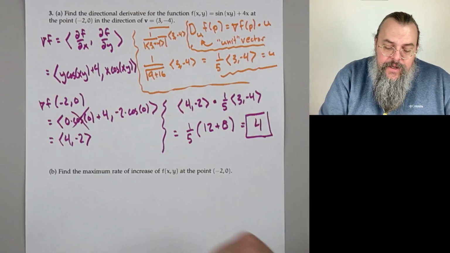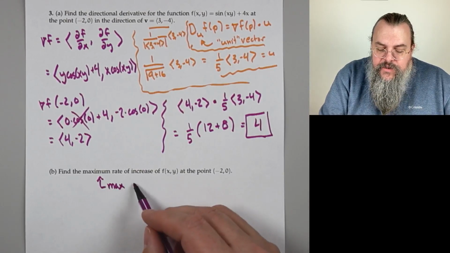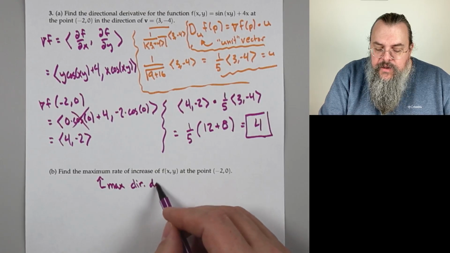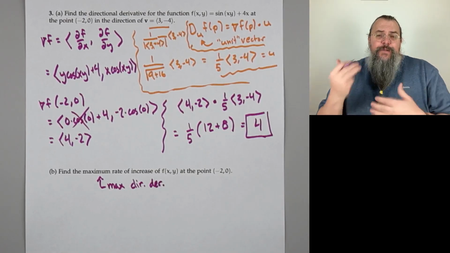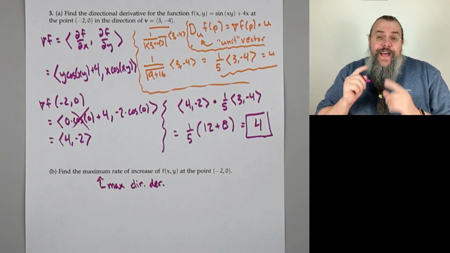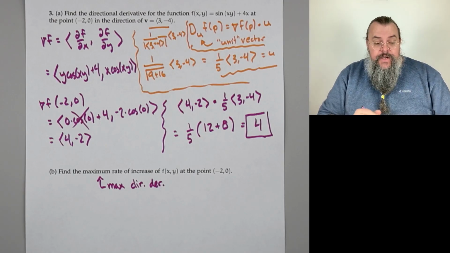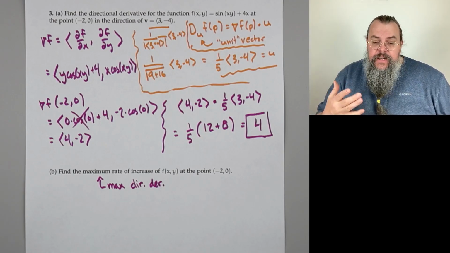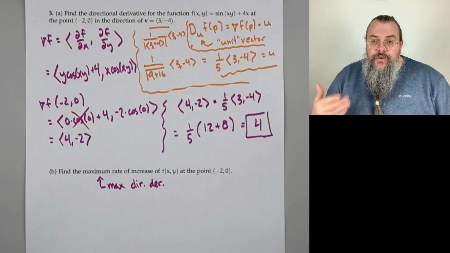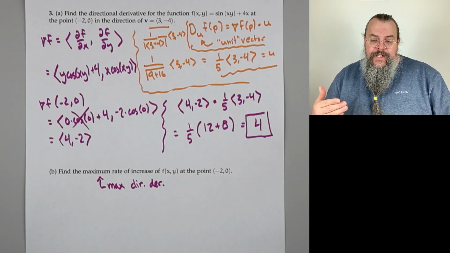So really, it's saying, okay, we want to find the max of our directional derivative. Now, how do we find the maximum directional derivative? That sounds hard, but actually what's happening here is we're being tested on properties of the gradient. The gradient is the tool that helps us find directional derivatives, and it stores lots of information about directional derivatives inside of it.